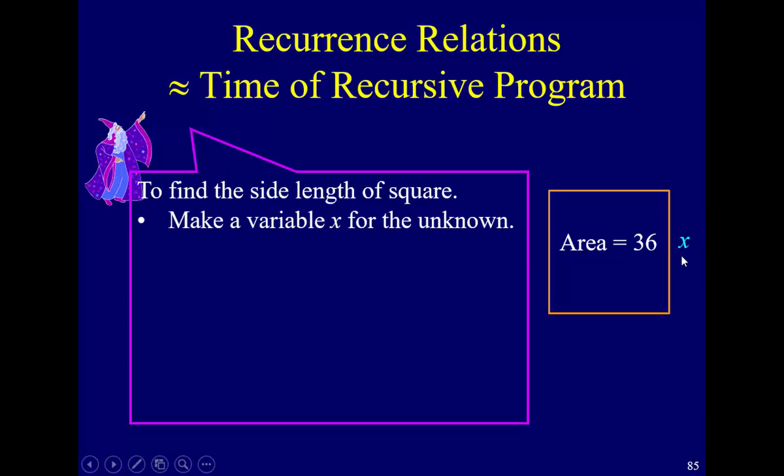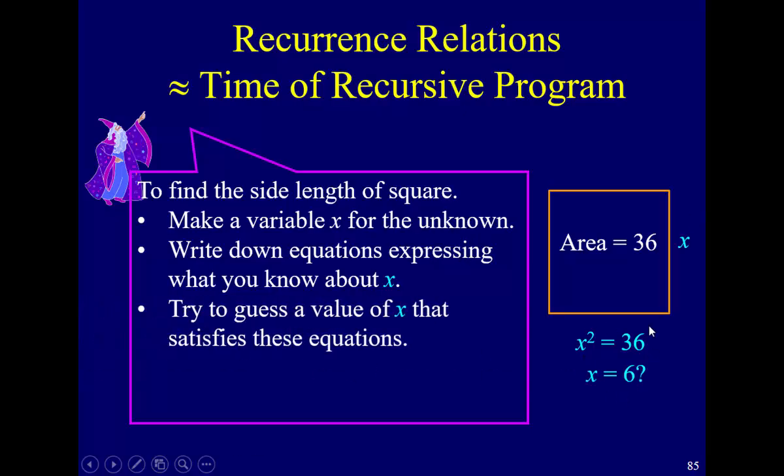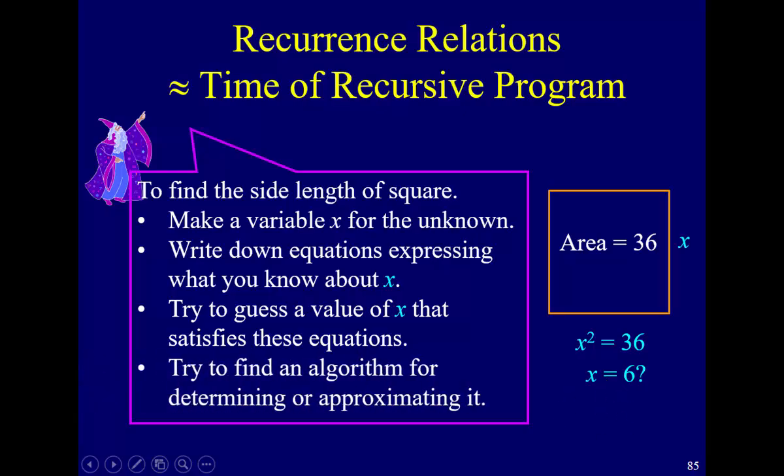You get a variable for the unknown, and then you write down equations that you know about your unknown, like we know that x squared is 36. Then you guess a value of x and plug it in to see if it works. If it works, you're happy. Or if you're better, you can come up with an algorithm for solving this, an algorithm for square root of 36.